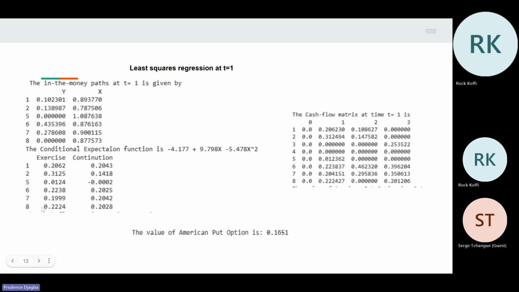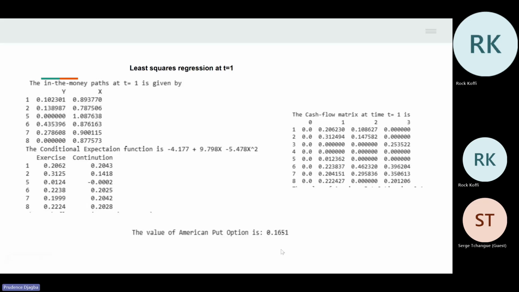So our price will just be the payoff at this particular time. And for part 7, the exercise payoff is less than the continuation, so we set it as the discounted payoff at time t equal to 2. And we got our cash flow matrix at t equal to 1.